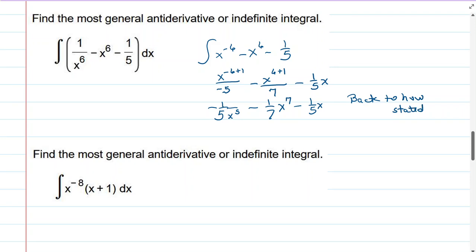So the rule of thumb is to put it back in the form that we saw it to begin with. Everybody good? Yes? Okay.